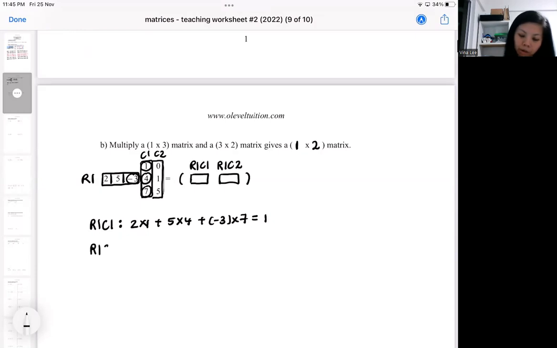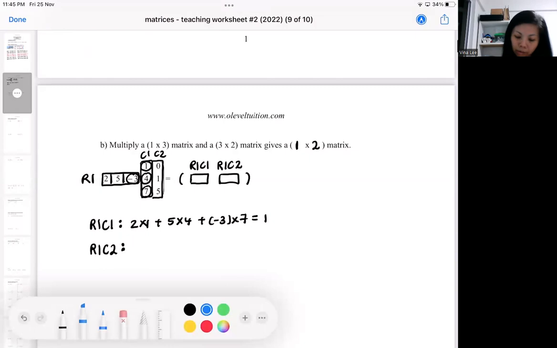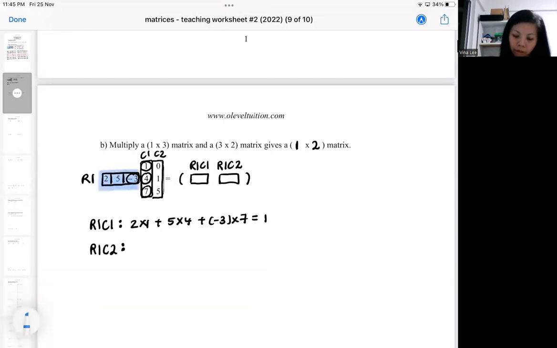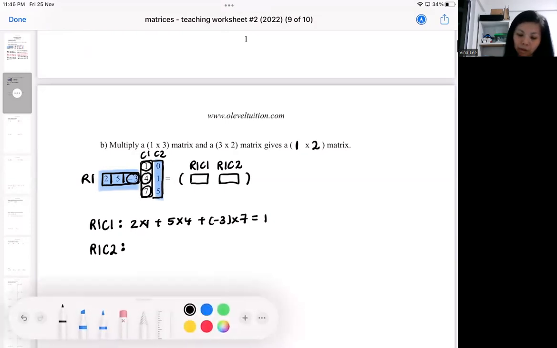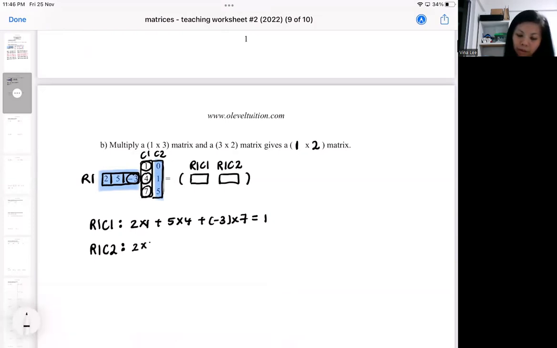So row 1, C2. So now you take the same row, but you're going to take the second column. First number times the first number. Second times the second. Third times 5. So you will get 5.